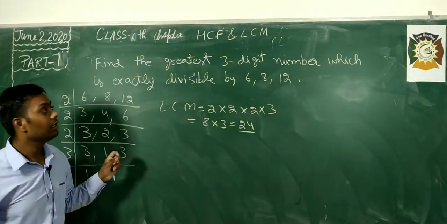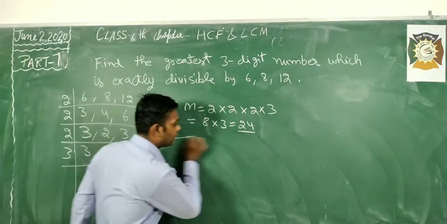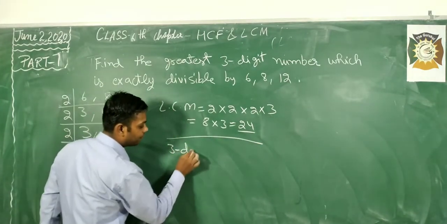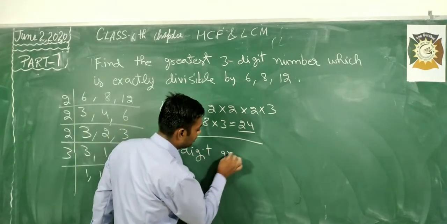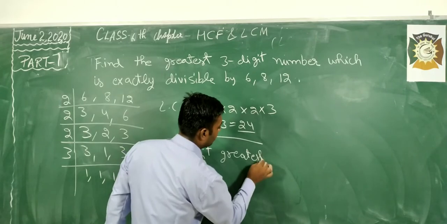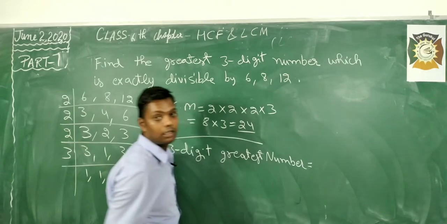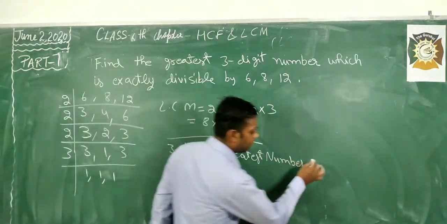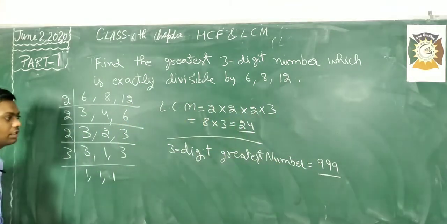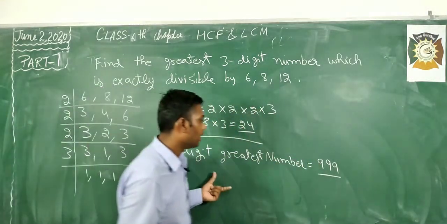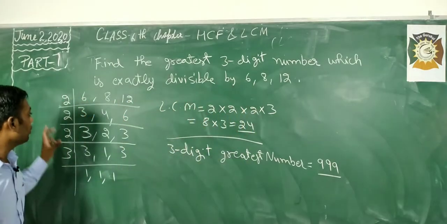Now we have to find the greatest 3-digit number. What is the greatest 3-digit number? That is 999. We have to find the greatest 3-digit number which is divisible by 24.